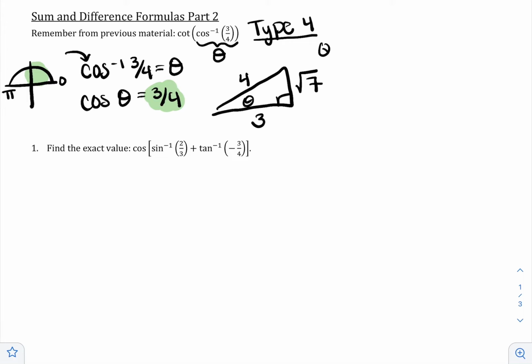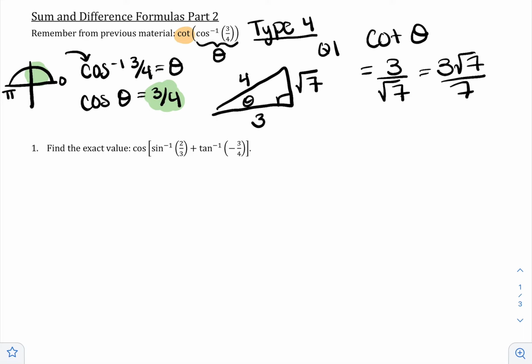So you are in quadrant 1. And then what you do is you look at the outside function, which was cotangent. So I have the cotangent of theta, and that's going to be adjacent over opposite. Quadrant 1 is positive, so it's going to be 3 over the square root of 7, or rationalized, 3 square root of 7 over 7.